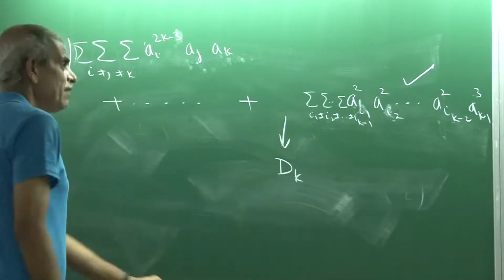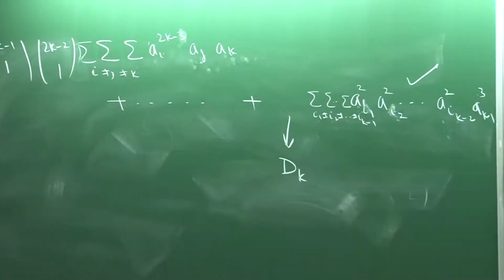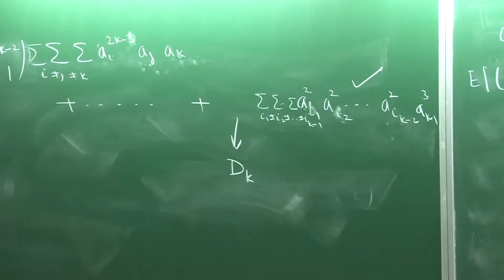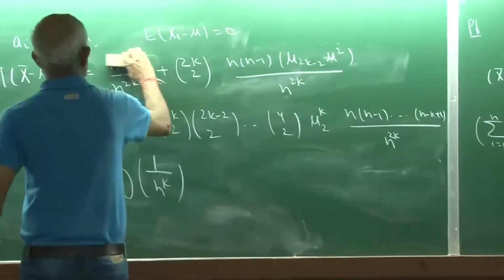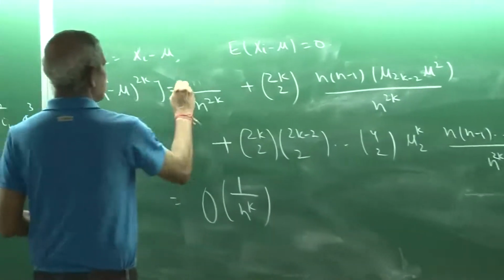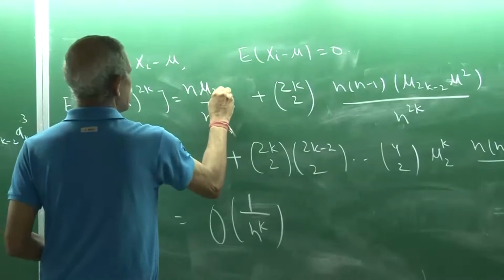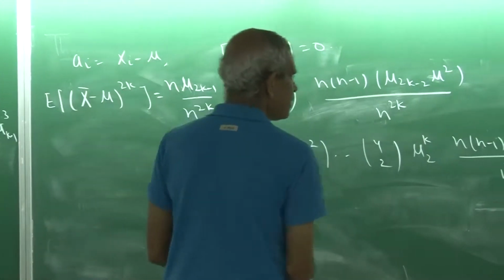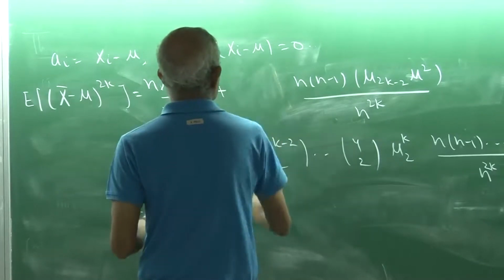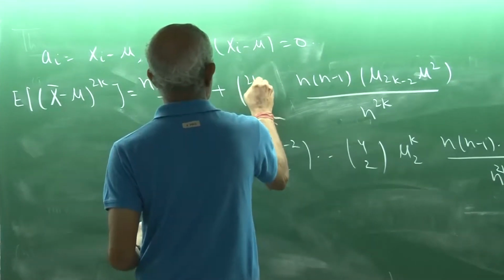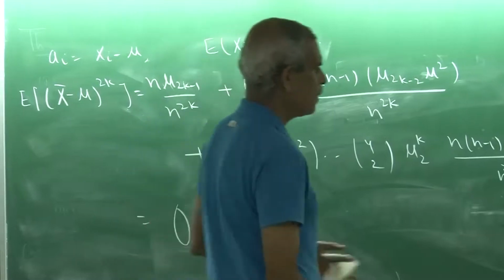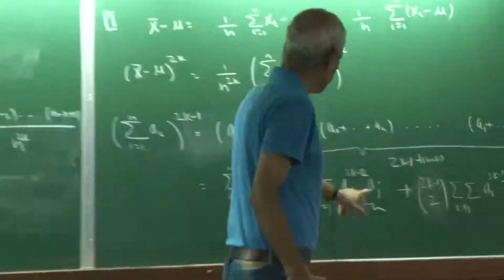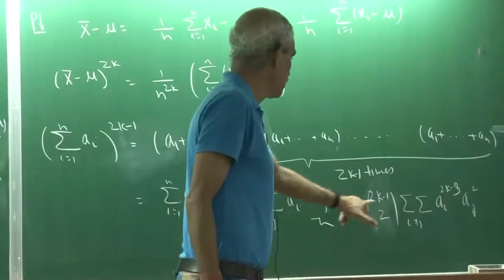So what does it give you? Now, repeat the same thing. It is now (x_i minus mu) to power 2k minus 1. So that will make it n times mu_(2k minus 1), plus 2k minus 1 times the cross term, which I need not bother about because this would become 0, the x_j minus mu. Then 2k minus 1 choose 2.